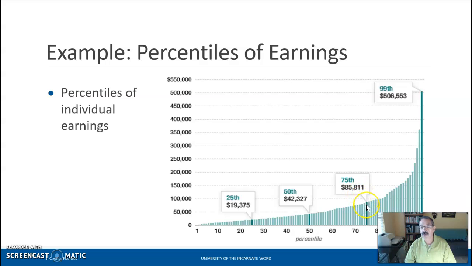So 75% of the population earns this much or less, and only 25% earns more than that. And here's the 99th percentile, 506,553. That means that 99% of the population earns this amount or less, and only 1% earn more than that. So probably you have heard of the 1% richest part of the population. This gives you an idea of what they are talking about.